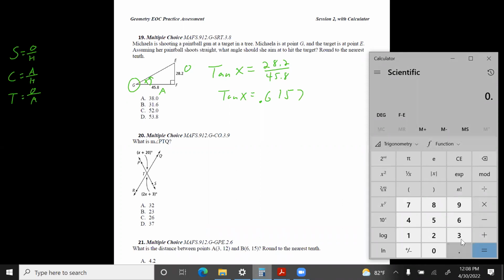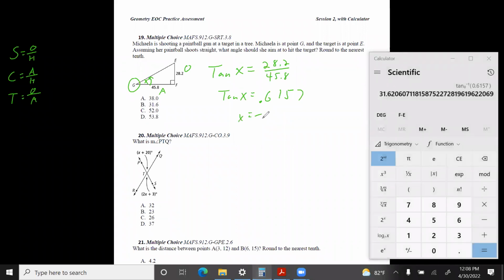So we had 0.6157, second, inverse tangent. There it is. So you're going to do the inverse tangent of 0.6157. That gave us 31.62, which is option B.